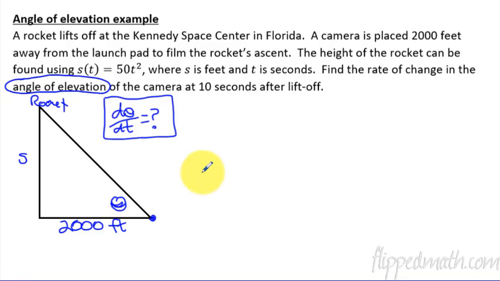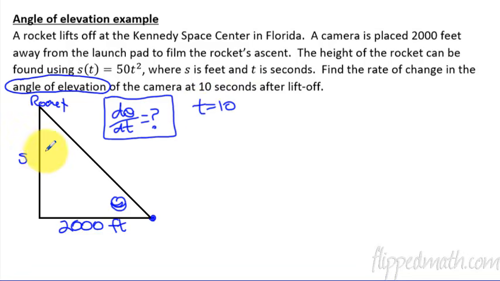So the only way to get an angle is if we use some type of trigonometry, sine, cosine, tangent, to relate everything we have. Okay, so let's see here. What can we make a list of? We have 2,000. What else? We've got s. Oh, at the camera at 10 seconds after liftoff. So we want to say when t equals 10 seconds.